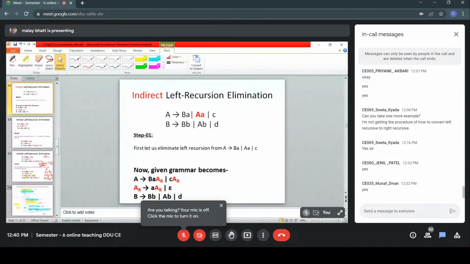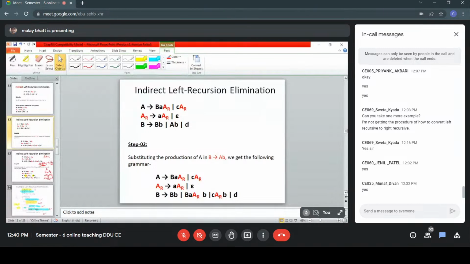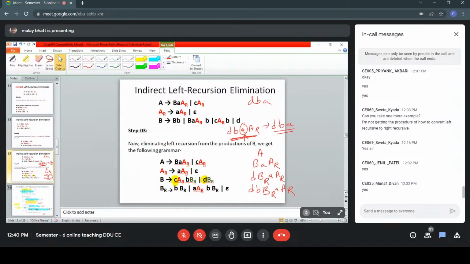And then after that, for the second rule, we'll do the replacement first by substitution. We'll replace the non-terminal by the first rule. And once it is done, then we'll remove the immediate left recursion.